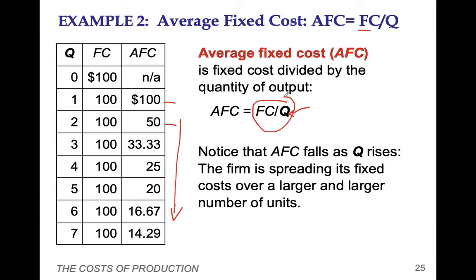The firm is then spreading its fixed costs over a larger and larger number of units. So it is good that we produce more than less, because producing more makes the average fixed cost for each unit lower and lower. And this, of course, will, to a certain extent, lower the total cost per unit.